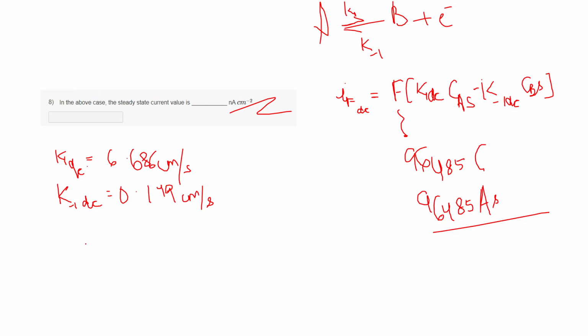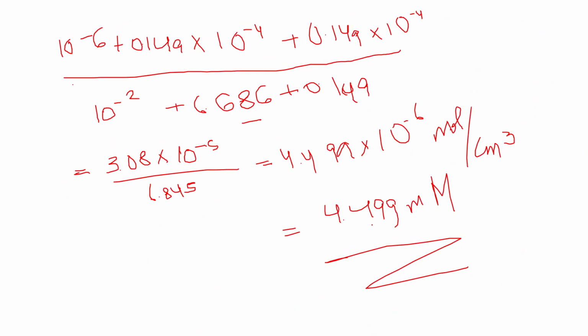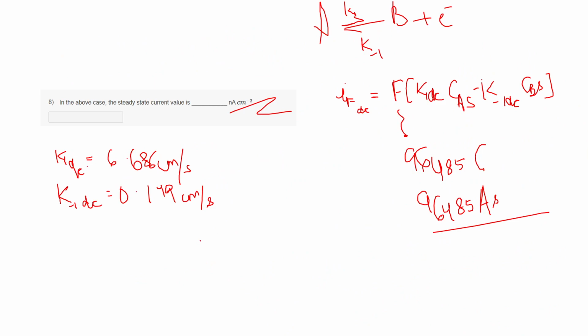Okay. Then CAS and CBS. So from the 6th question, you get the CAS value, that is 4.499 millimolar. So I'm converting it, multiplying by 10 to the power minus 6 moles per centimeter cube. What is CBS?